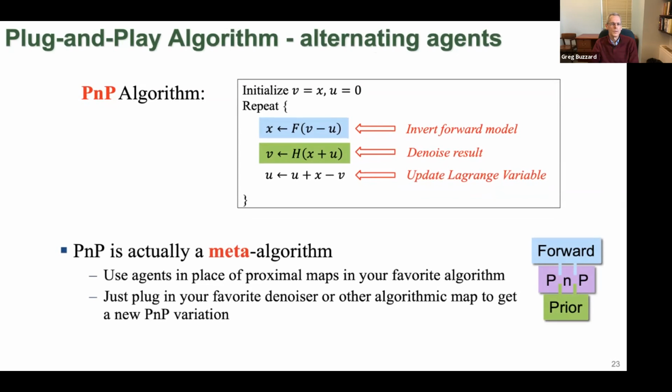Okay, so you can see that in some sense this is really a meta algorithm. There are a number of different minimization algorithms that use proximal maps, and we can use this idea to replace any of those proximal maps with some kind of algorithm, okay? So we can plug in different denoisers. We could also learn or have some other kind of algorithmic map that does the forward model inversion.